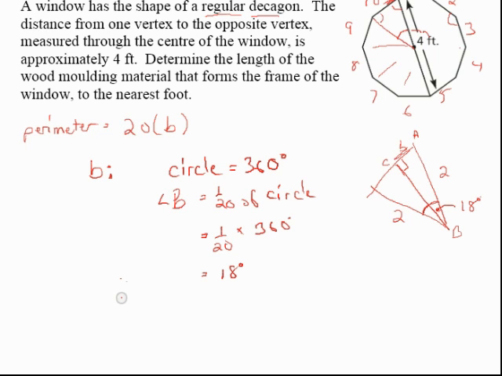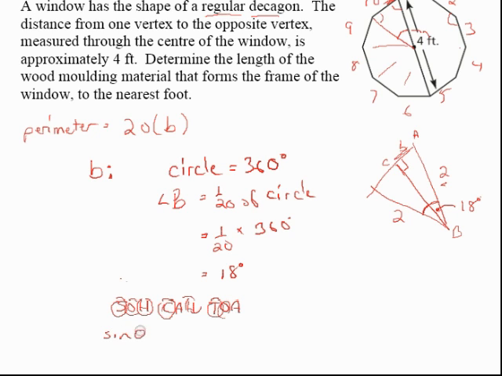So I'm going to do my SOHCAHTOA thing. SOHCAHTOA. I know the angle, so I know sine, cos, and tan. I know the hypotenuse, which is 2. And what I'm looking for is the opposite side. Circle the O's. So I'm going to use sine.